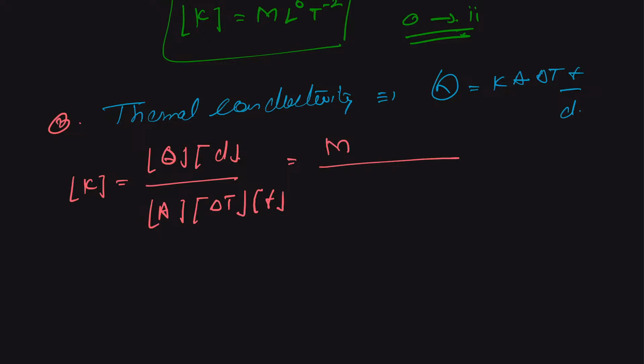Q is our heat, this is ML^2T^-2, and D is nothing but a length, so we have L, and A is our area, so this will be L^2, and T is our temperature, that will be in Kelvin, and t is our time.